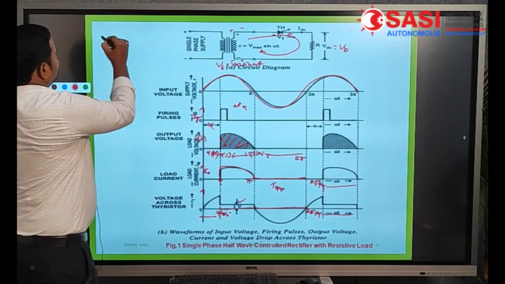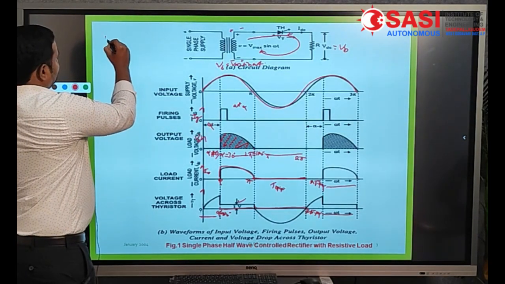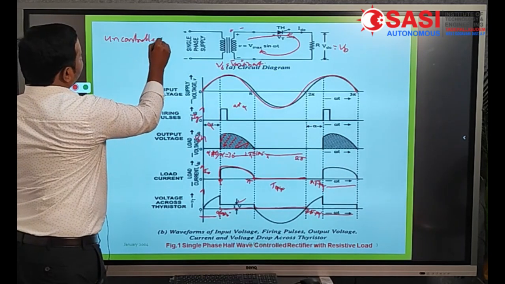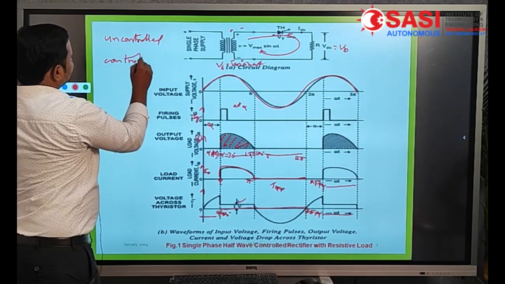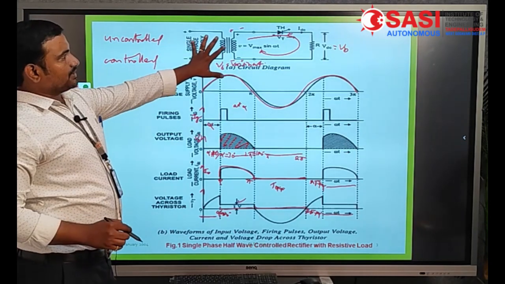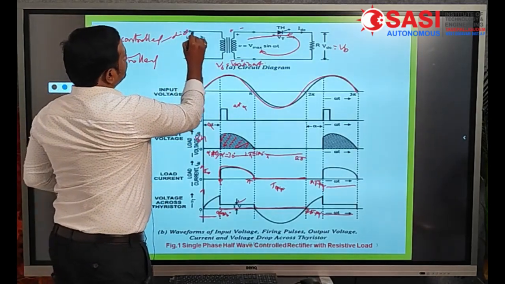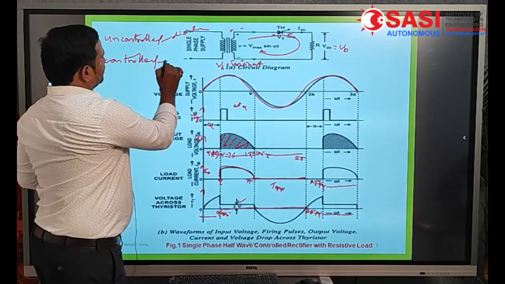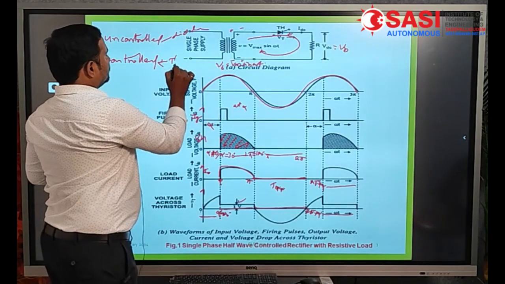So the thing is, there are two things we can talk about: uncontrolled and controlled switches. Whenever the same circuit is designed with a diode, it becomes an uncontrolled circuit. Whenever the circuit is designed with a thyristor, it will be a controlled circuit.